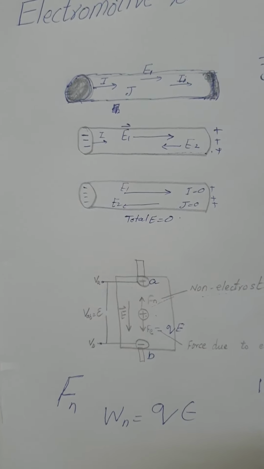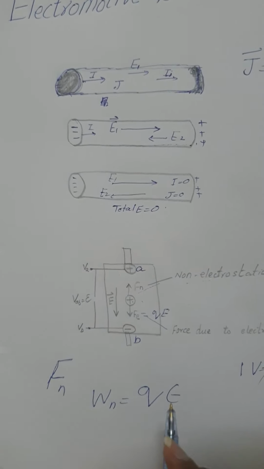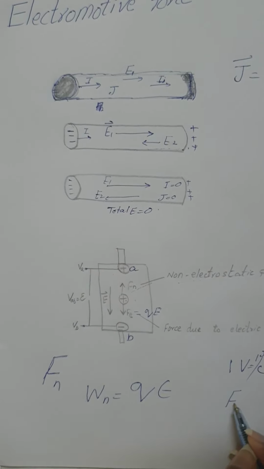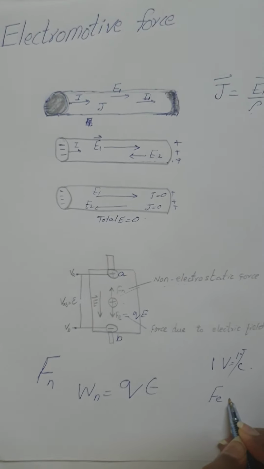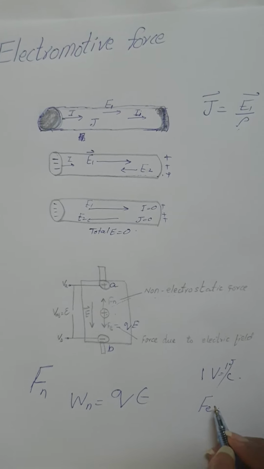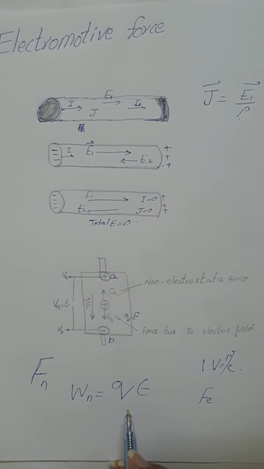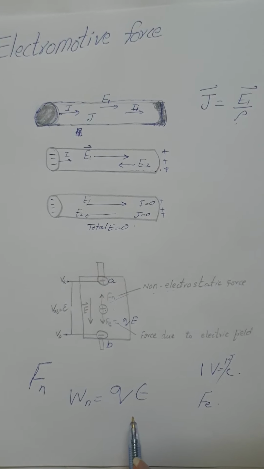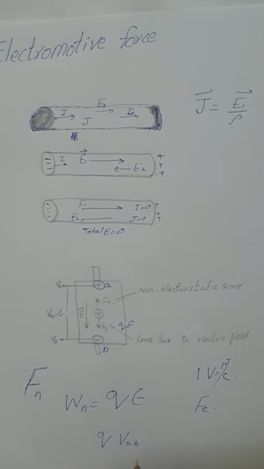This displacement is opposite to the electrostatic force Fe. So the potential energy associated with the charge increases by an amount equal to Q Vab.